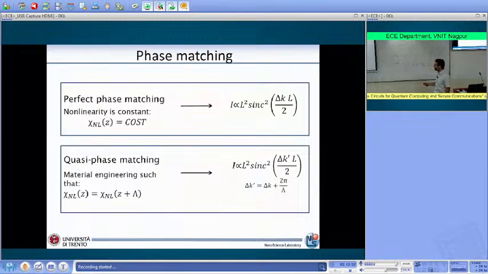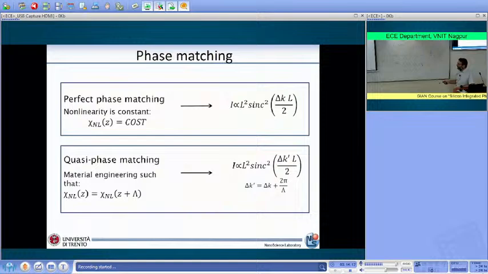And so this perfect phase matching is described by this formula here, by which the intensity of the generated photon scales with the length of the material squared, multiplied by the sinc function of the phase matching condition divided by 2.